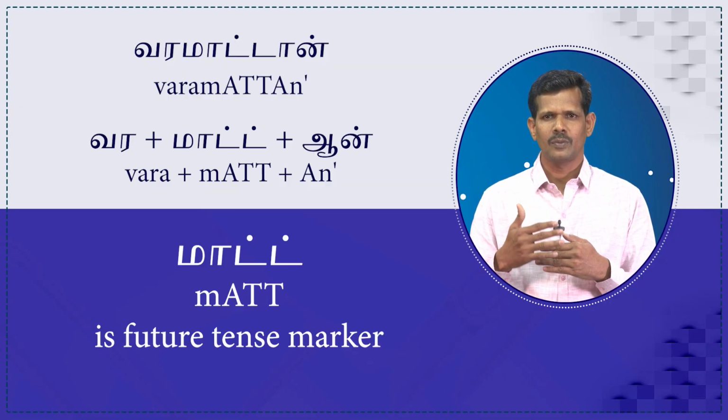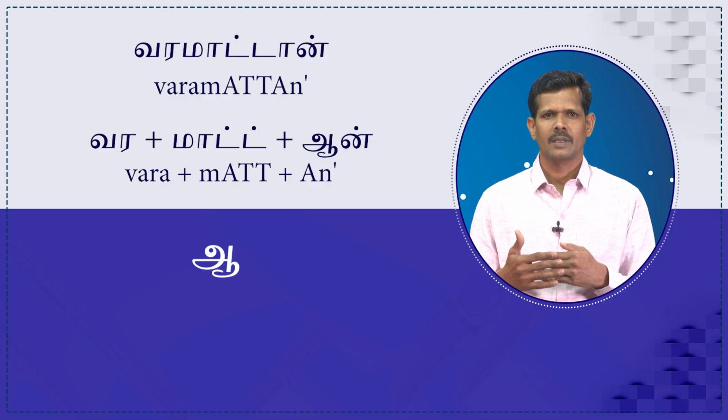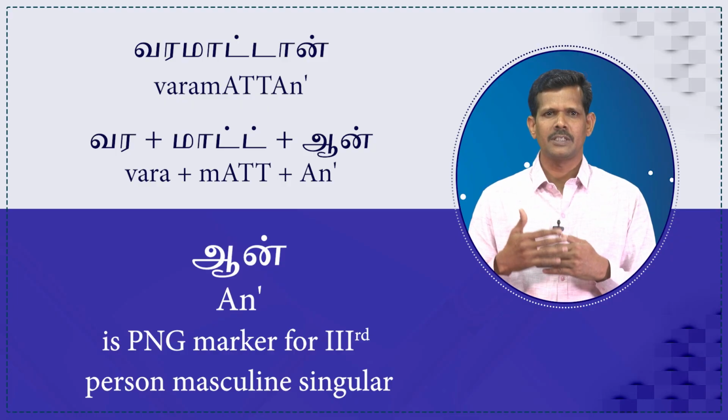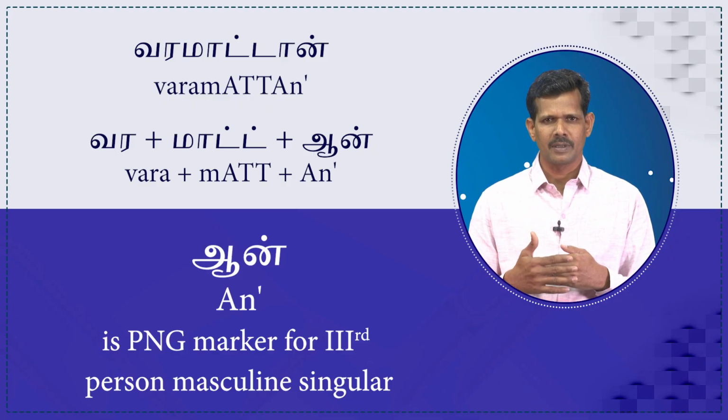Mat is the future tense marker. On is the PNG marker for third person masculine singular. All the negatives usually follow the infinitive form in Tamil. In the earlier classes, we have already discussed enough examples of how infinitives are formed.